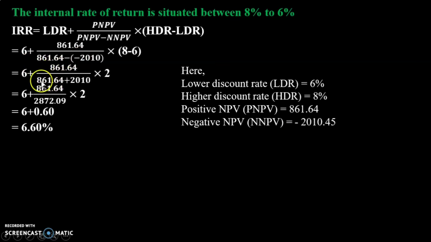Now look at the value: 861.64 plus, minus into minus equal to plus 2010, so 6 plus 861.64 divided by 2872.09, into 2. Now we found the value 6 plus 0.60 equals 6.60%. This is the value of IRR.